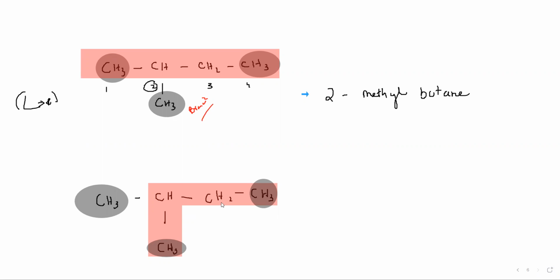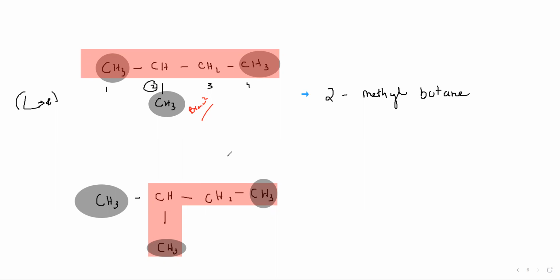Same way, the same structure is there, but I'm giving you just an idea that if you select the longest chain, when we select the horizontal longest chain, and if I select a chain from right to bottom, and both have an equal number of carbon atoms, in that case the name will be the same. It will not make a difference to the name.